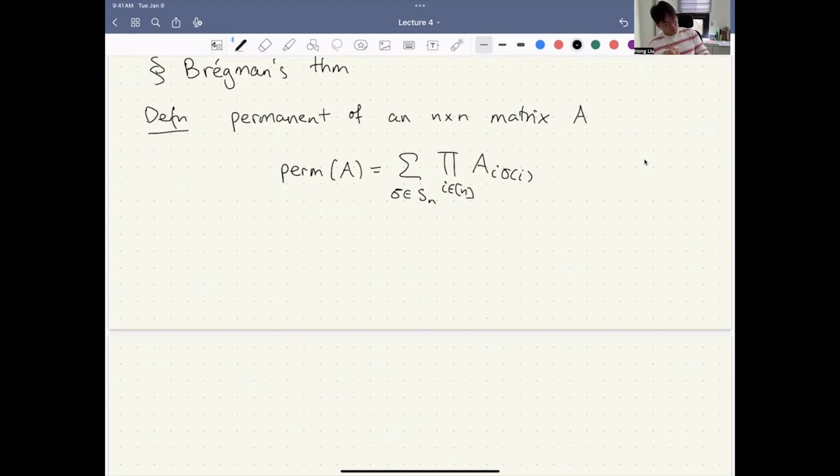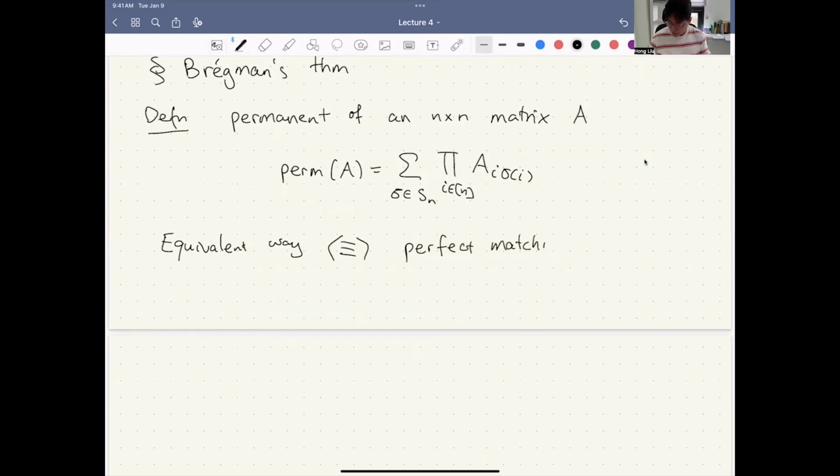So now let's see an equivalent way of viewing the permanent as perfect matchings in some bipartite graph.